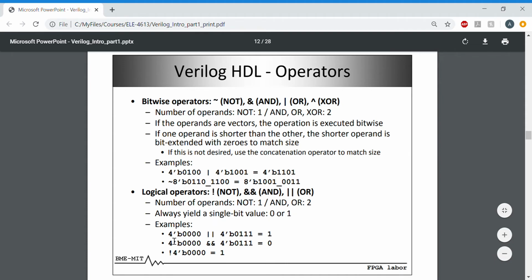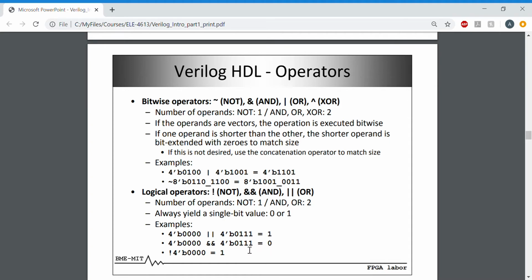Examples: you have 0, 0, 0, 0 or 0, 1, 1, 1. One of them is 1, so the result is 1. Here you don't find any bit that is 1, then the result is going to be 0. And negation of 0 is 1. That's what it is.